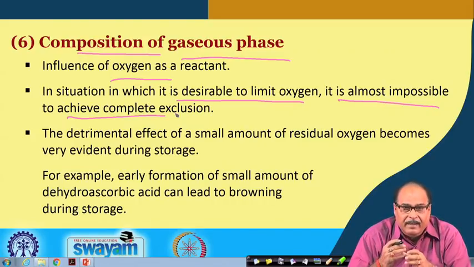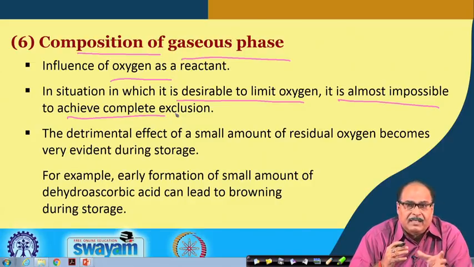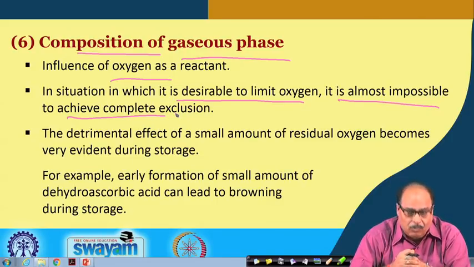So, a small amount of oxygen might be there, but in some materials, particularly a product like coffee, even a small amount of oxygen might have a significant influence on the characteristics or quality of the product during storage.